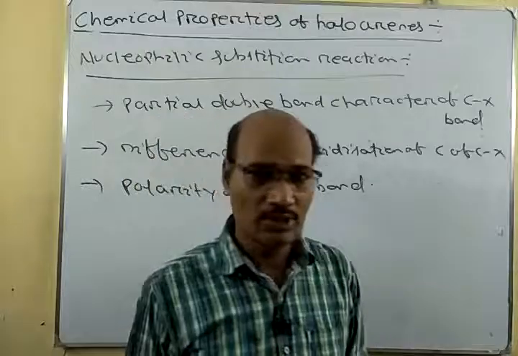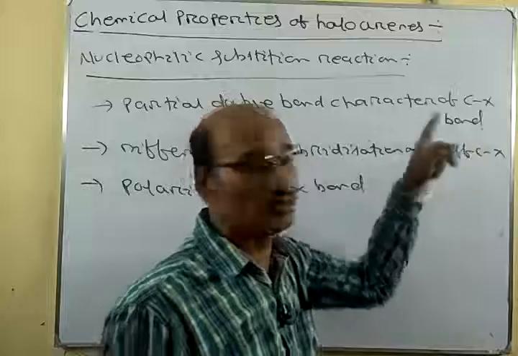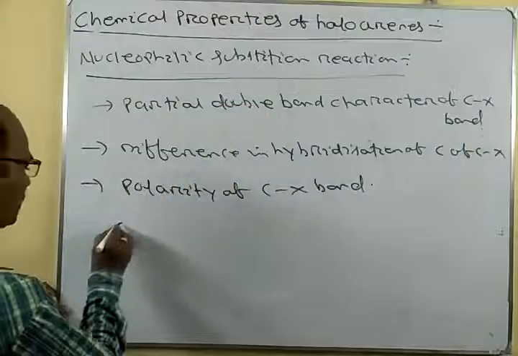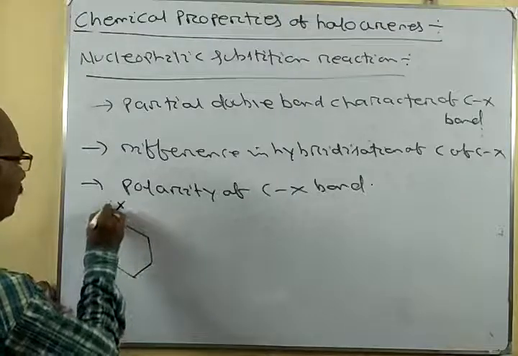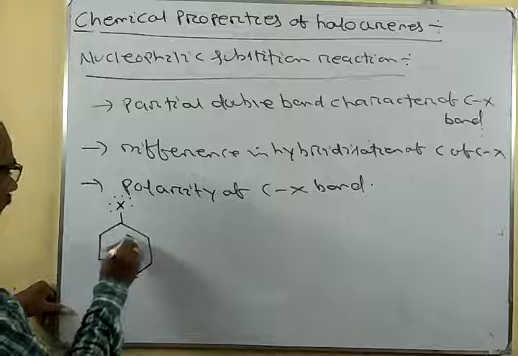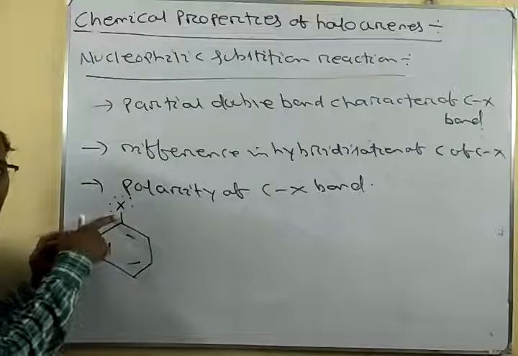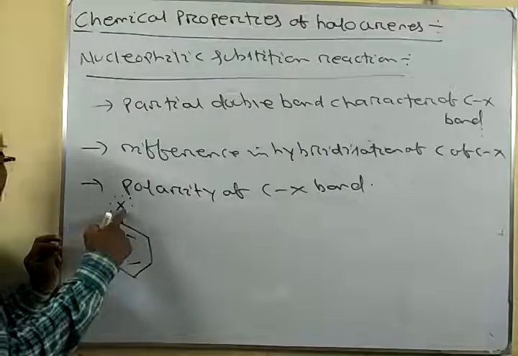First one, partial double bond character of the C-X bond in haloarene. If we consider haloarene, the halogen X, as already discussed, is in conjugation with this pi system, so it undergoes resonance.